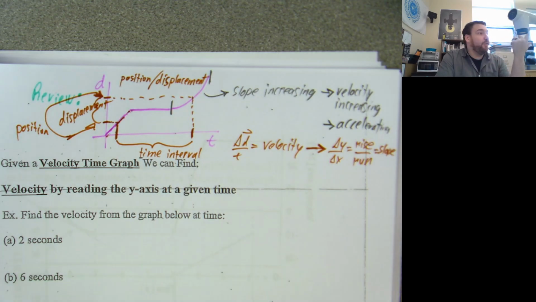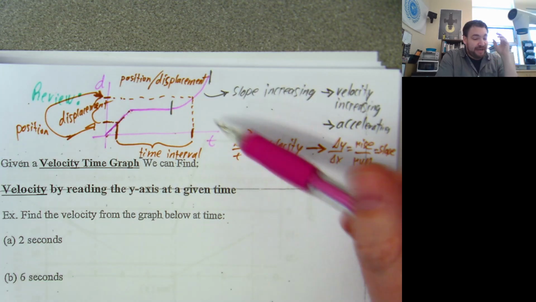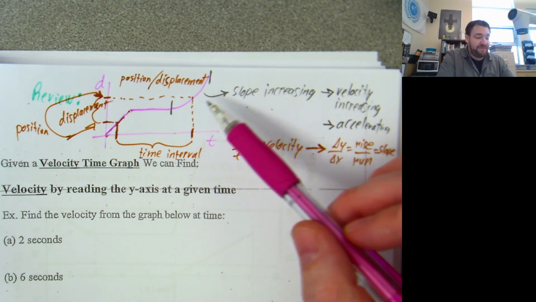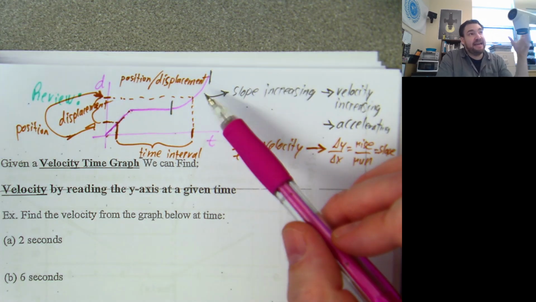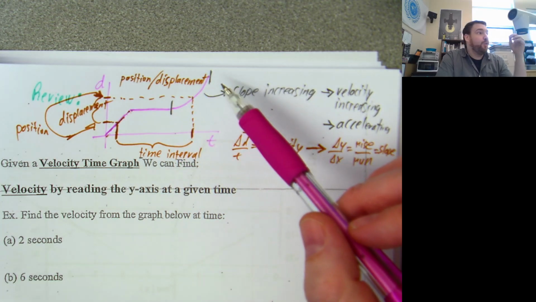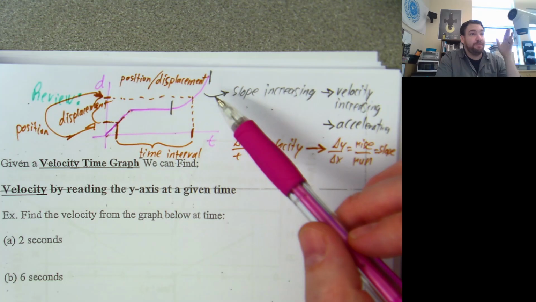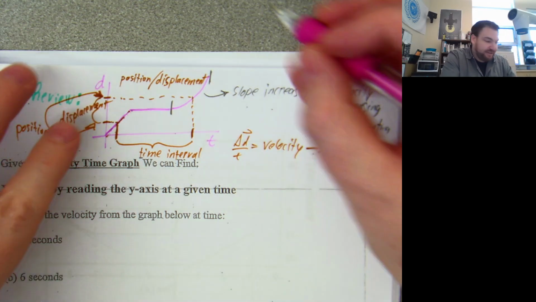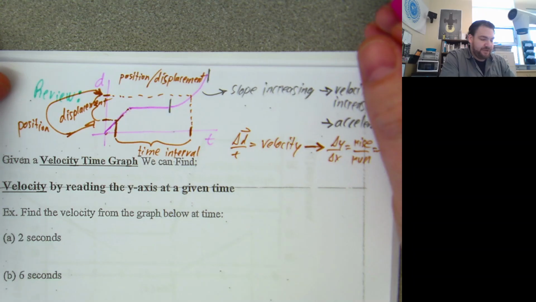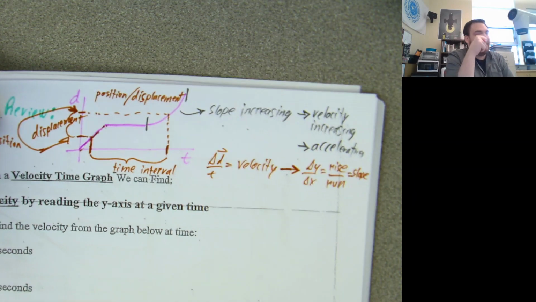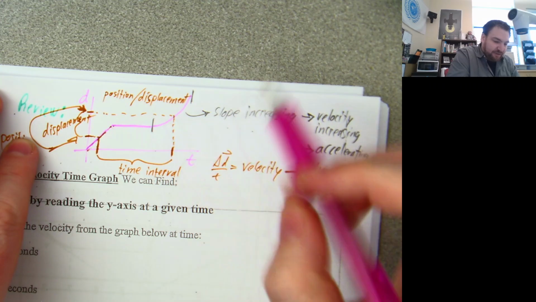I gave you one other exercise we went through with curved lines on position time graphs. Not only can I say that the object's accelerating, we can actually find the velocity while the thing's accelerating.